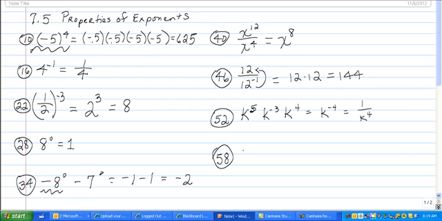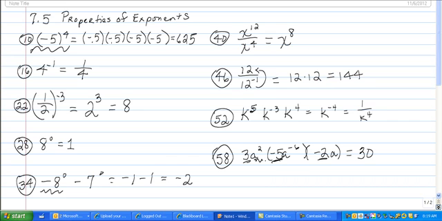58 is 3a squared times negative 5a to the negative 6 times negative 2a. Okay, so we want to multiply the numbers, the constant part in front. 3 times negative 5 is negative 15, times negative 2 would be a positive 30.